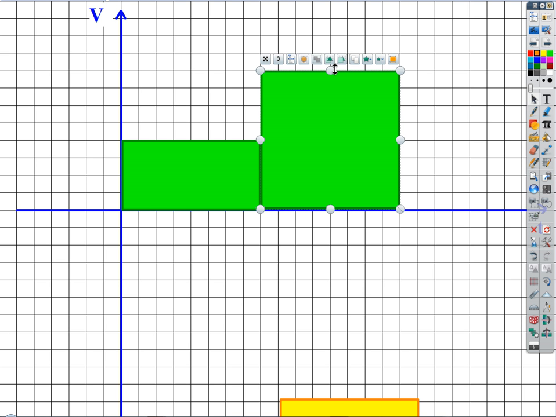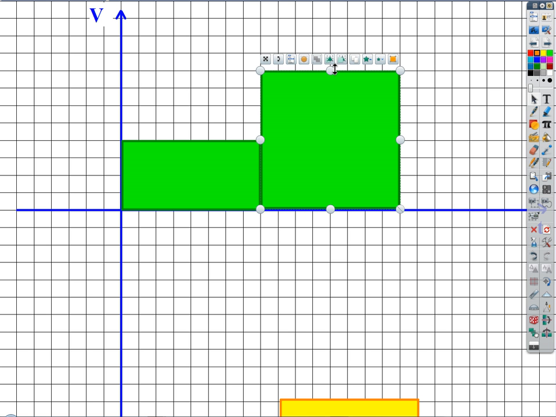So I've broken this up into 2 parts. Now what's my average going to be? I could just add up the areas and divide by the total, couldn't I?